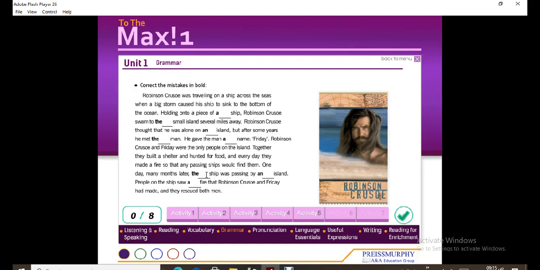So, many months later, a ship was passing by the island, because the island is known, and people on the ship saw the fire. The fire is mentioned before, so here I'm going to put "the": the fire that Robinson Crusoe and Friday had made, and they killed both men. Thank you.